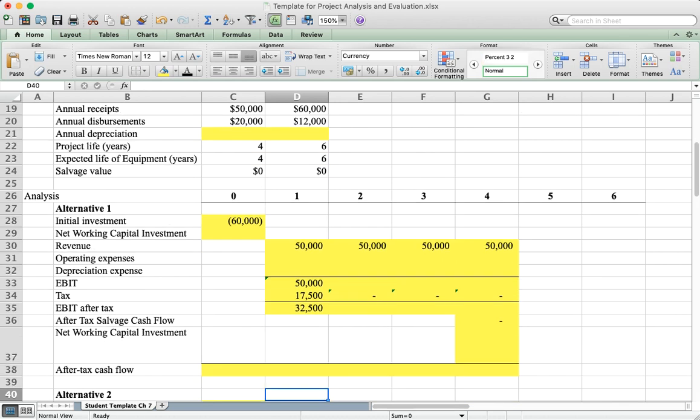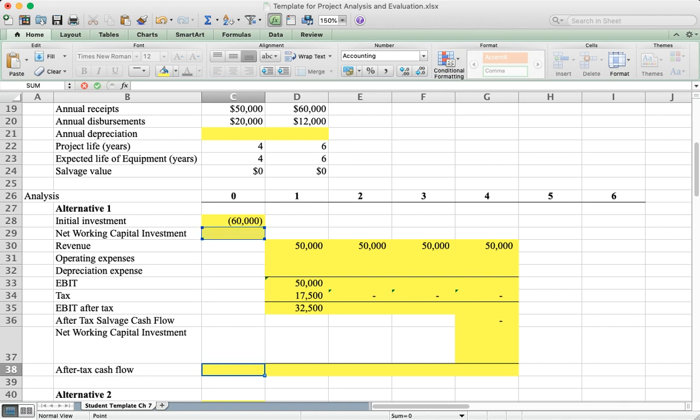When you get done with this one and you've input everything, all of your annual cash flows need to be summed up for this after-tax cash flow line, which is basically your annual cash flows for your project. So for the first one here, it's going to equal the sum of the initial investment plus your net working capital.